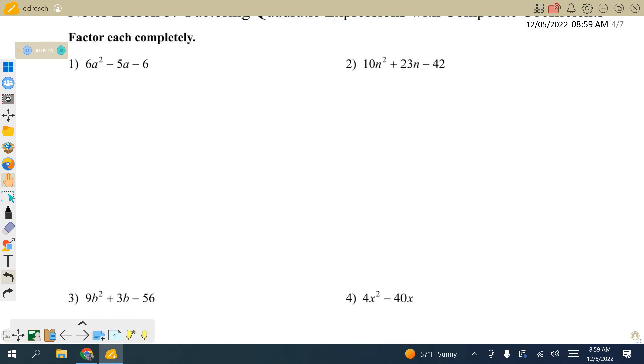A is 6. B is -5. And C is -6. Let's list them out. We're not doing anything different. As I said, on that Thursday we did 60-70% of that topic on that one day. Now we just keep going. Factors of A, factors of C. How can you get a 6 through multiplication?